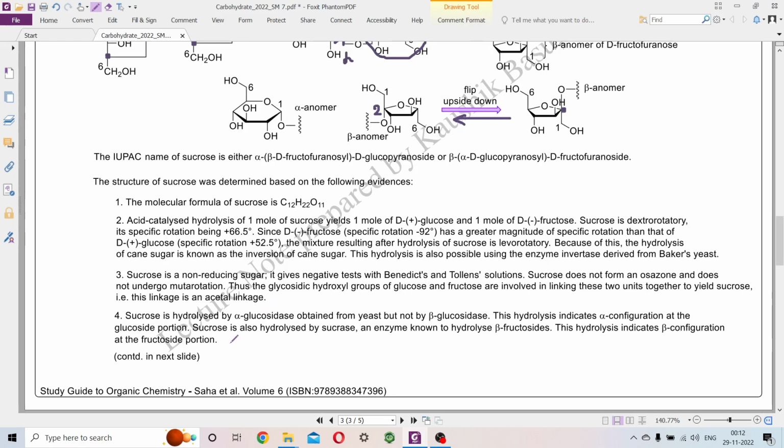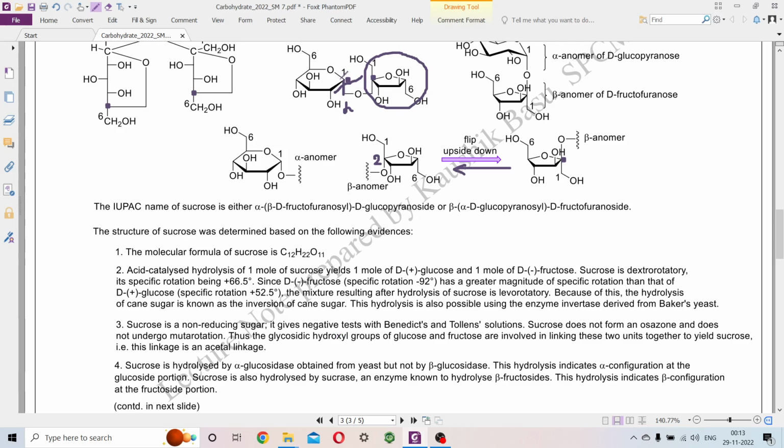And sucrose is also found to be hydrolyzed by sucrase, an enzyme which is known to hydrolyze beta anomers of fructofuranosides. So only the beta anomers of the fructofuranosides are hydrolyzed by the sucrase.